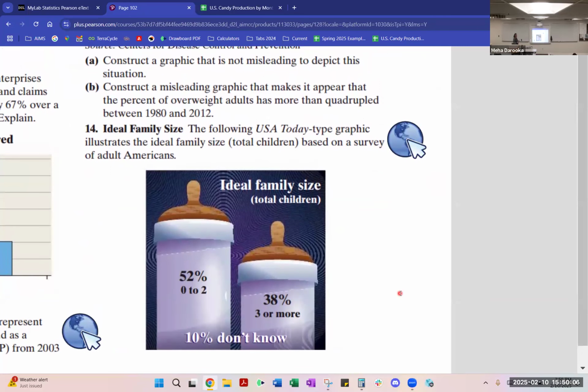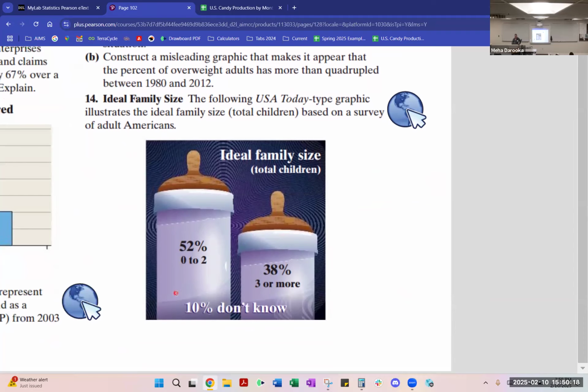Okay, this example here, number 14, is talking about the graph illustrates the ideal family size, so total number of children, based on a survey of adult Americans.